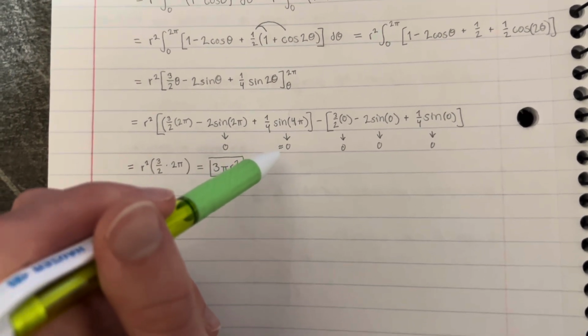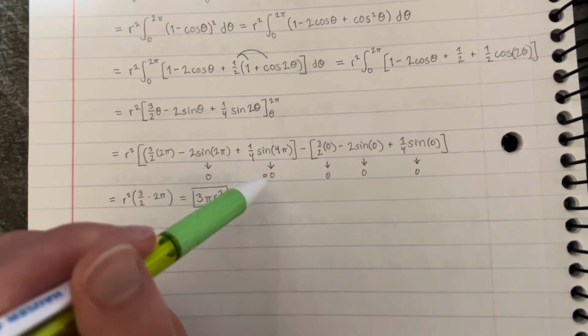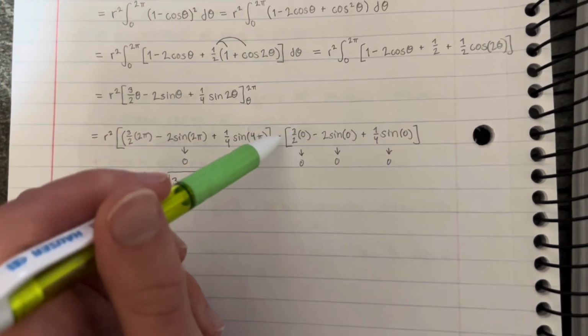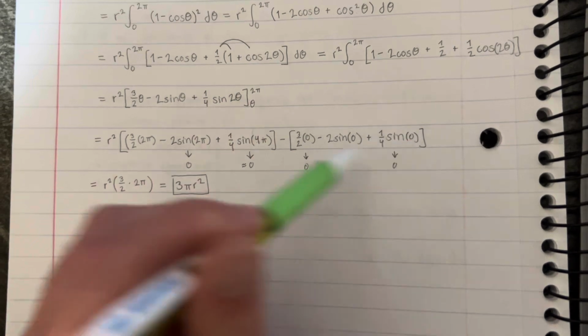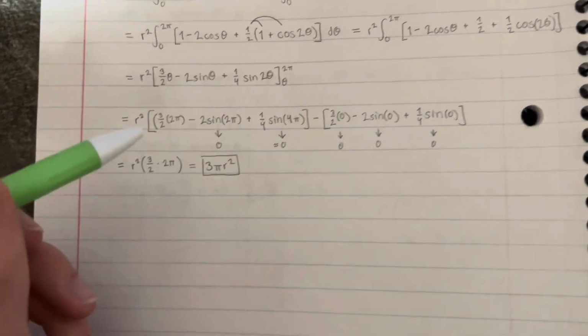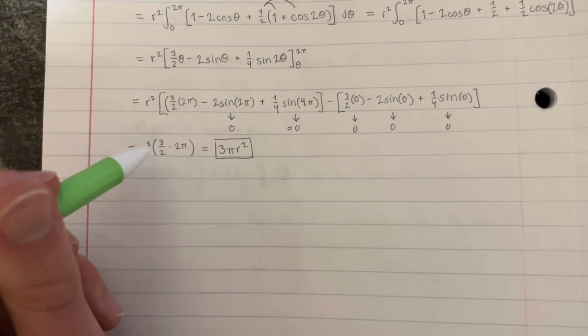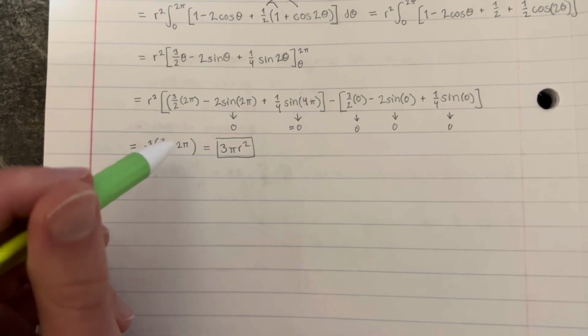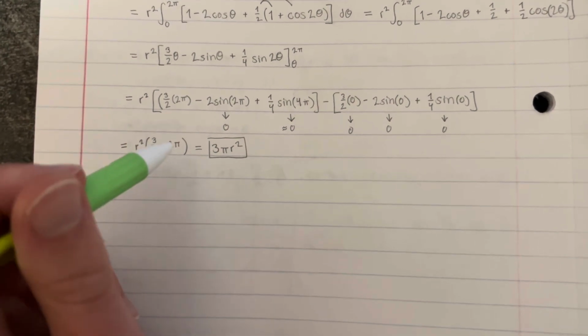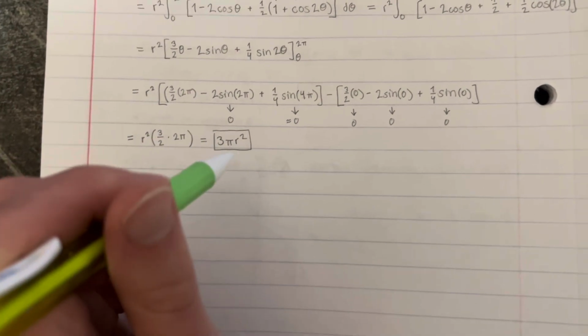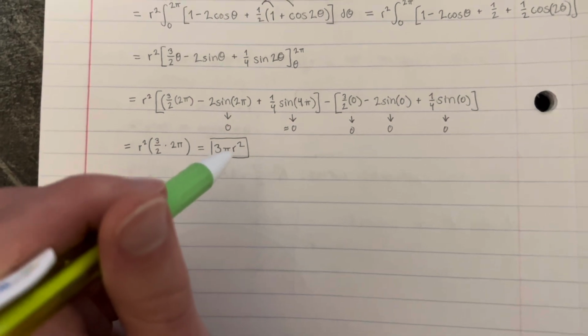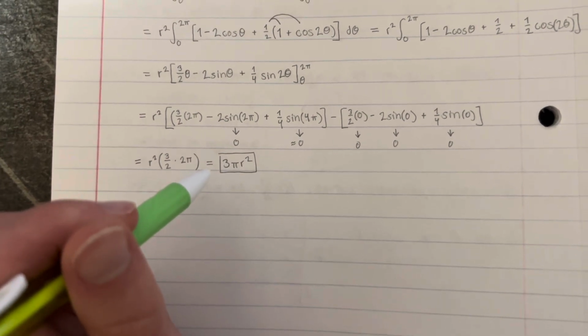It's a really small number, but it's so small that we can just treat it as 0. And then when we subtract the lower limit, we're just multiplying it all by 0, and all of these terms add up to 0. So what we end up with is r squared times 3 over 2 times 2 pi, and since these two 2's cancel, we end up with 3 pi r squared as our final area under the cycloid.